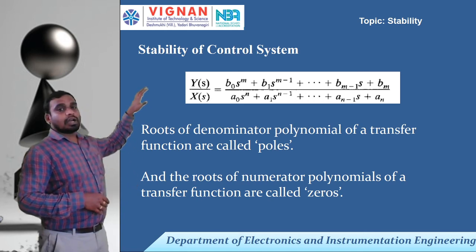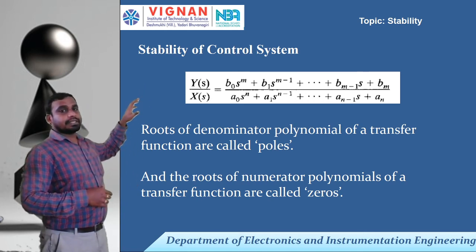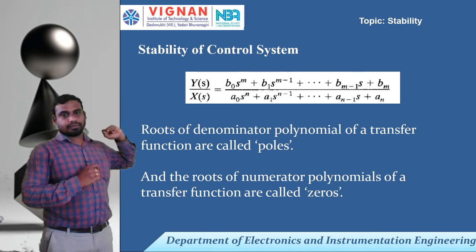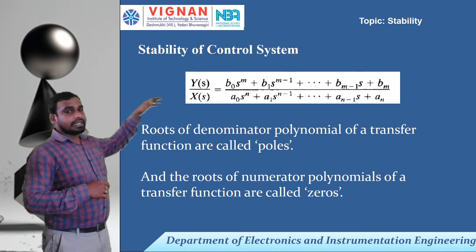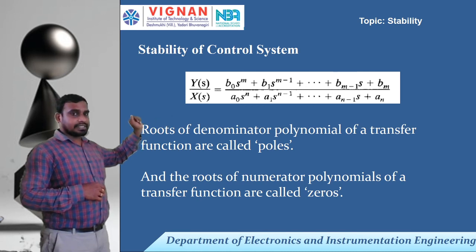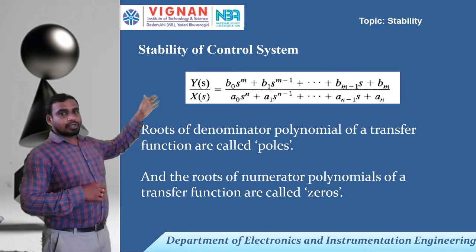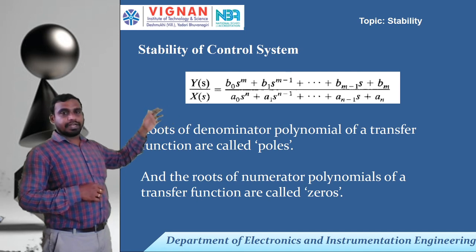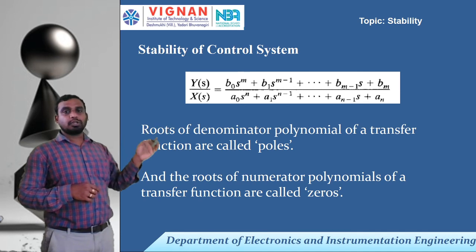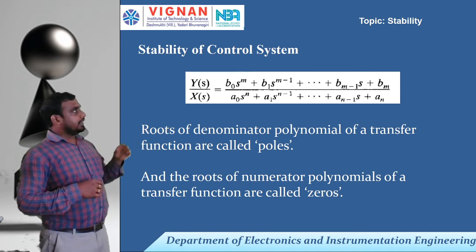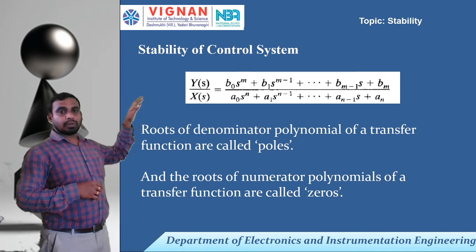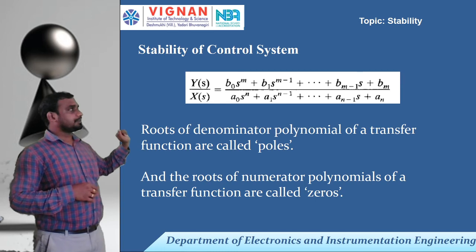The roots of the numerator are referred to as zeros. If I equate the denominator to 0 and find the roots, the roots found are said to be poles. And if you equate the numerator to 0 and find its roots, they are said to be zeros.